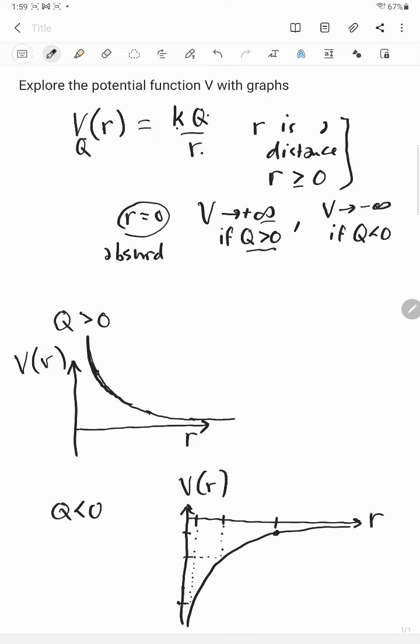I mean, it's actually a large amount of potential, but it's a negative amount, right? Likewise, over here at this R value, you get this value of potential, but at this closer in R value, you get this larger value of potential, right? So it's a graphical way to think in terms of the potential.